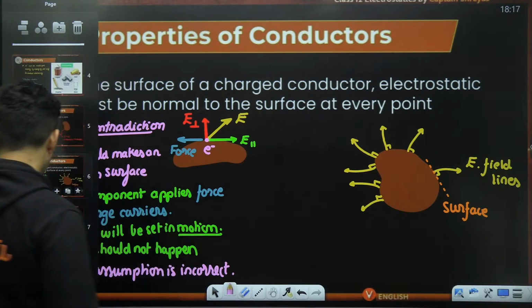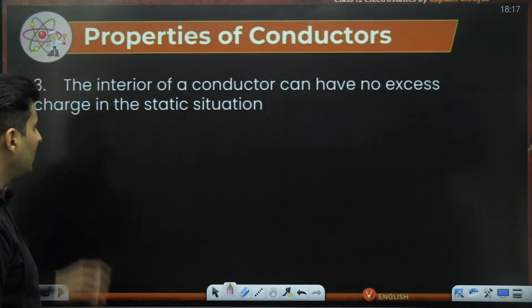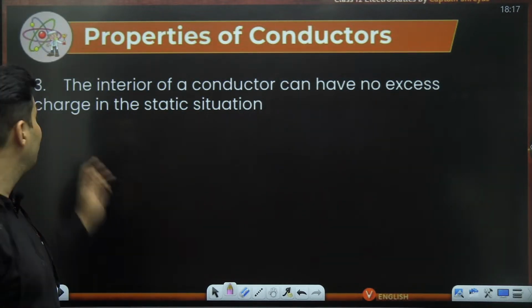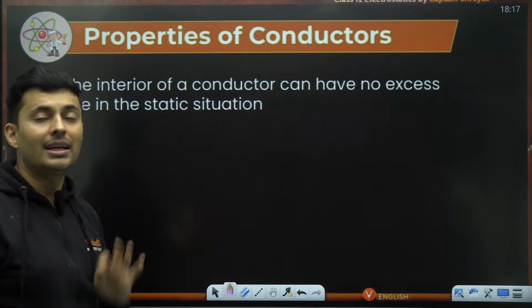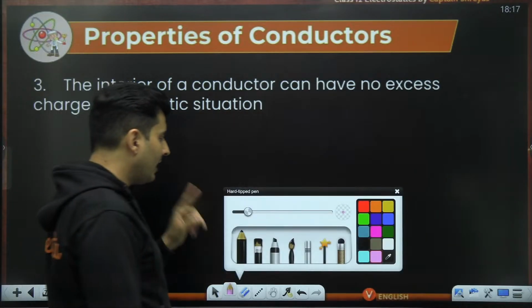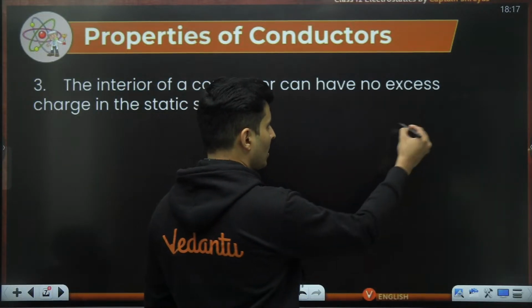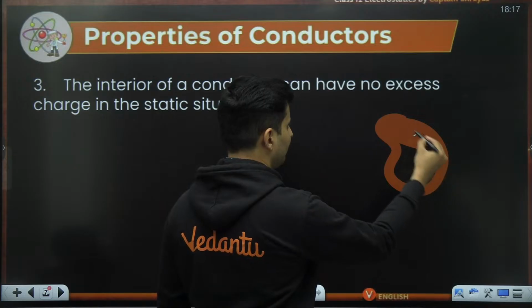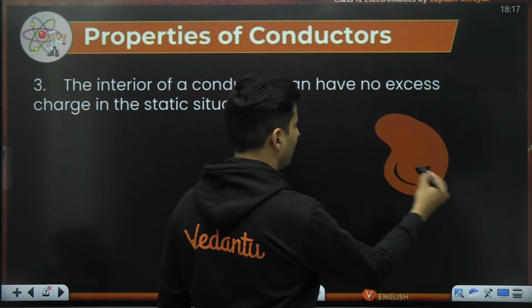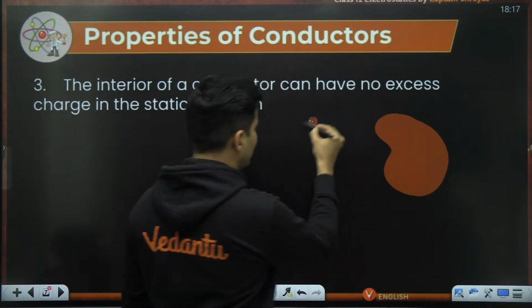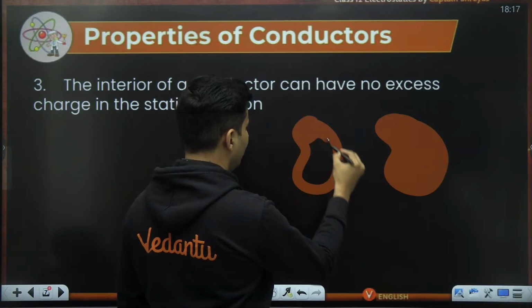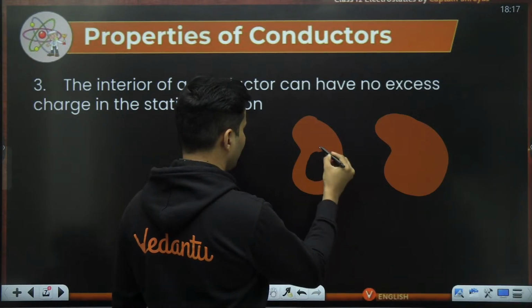Okay, perfect. Next important property. The interior of a conductor can have no excess charge in any static situation. Very interesting property. Observe. So imagine this is our conductor. It could also come with some cavity. It really doesn't matter.